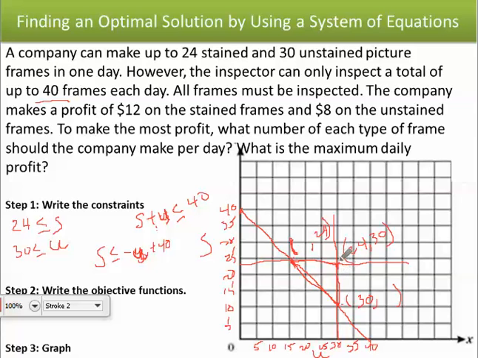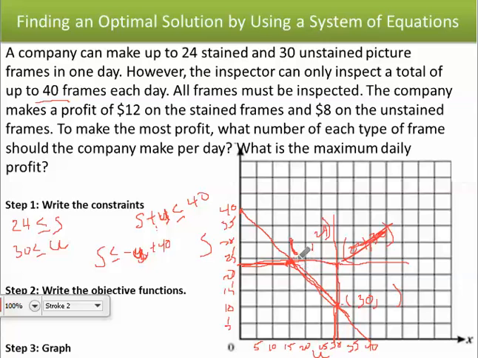Wait a second. That one's not one of the ones that's in my area. This is my area. Geez, Mr. Green. Right point so far. Yeah. So looking at this, I need to identify what this point is and what this point is right here.